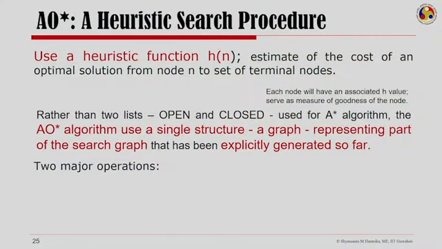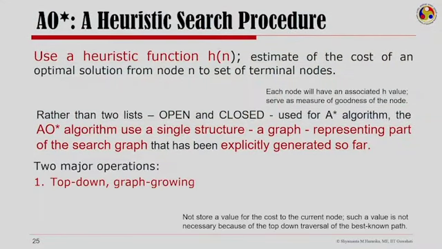Rather than the two lists that we used while doing A star, the open and the close list, the AO star algorithm uses a single structure, a graph, that represents part of the search graph that has been explicitly generated so far. Two major operations are involved in this algorithm.